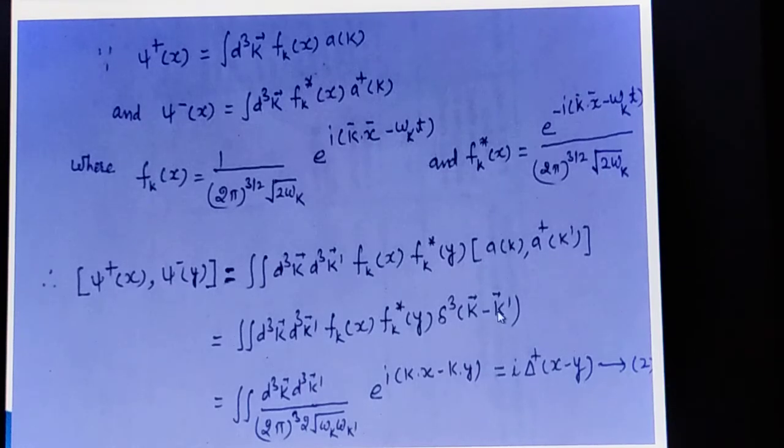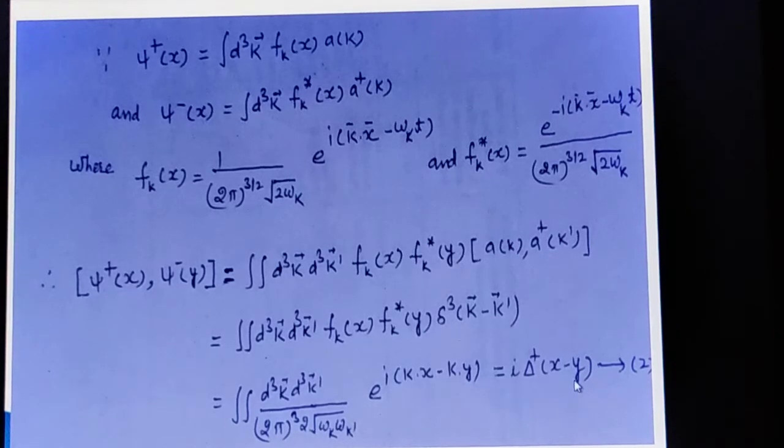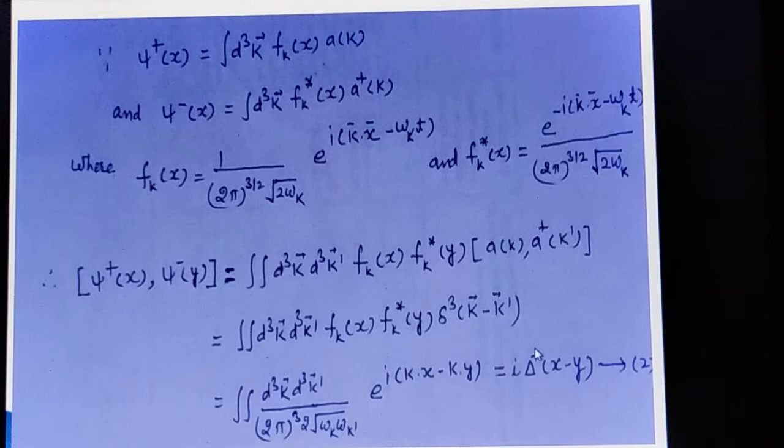This equation gives you the integration of d3k dash over (2 pi) cube times 2 omega k dash, times exponential of i (k dot x minus k dot y), and this integration is equivalent to i delta plus x minus y. This is the particular notation for this integration.